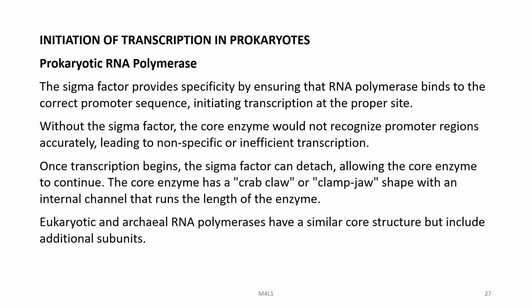So, once the transcription begins, the sigma factor can detach, allowing the core enzyme to continue. The core enzyme has a crab claw or clamp jaw shape with an internal channel that runs the length of the enzyme. Eukaryotic and archaeal RNA polymerases have a similar core structure, but include additional subunits.